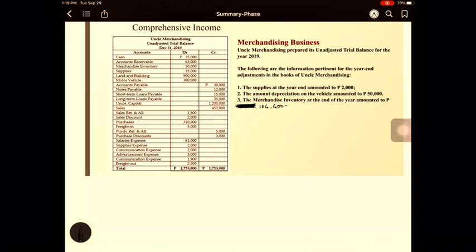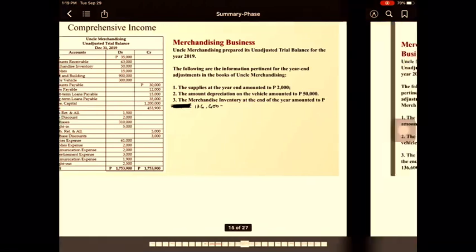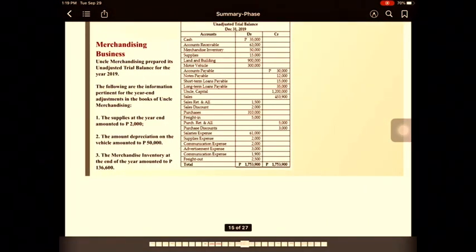Number 2, the amount of depreciation on the vehicle amounted to 50,000 pesos, and the merchandise inventory as per physical counting amounted to 136,600. Okay, so let us prepare now the necessary adjustments that we should do in preparing now the adjusted trial balance for Uncle Merchandising.